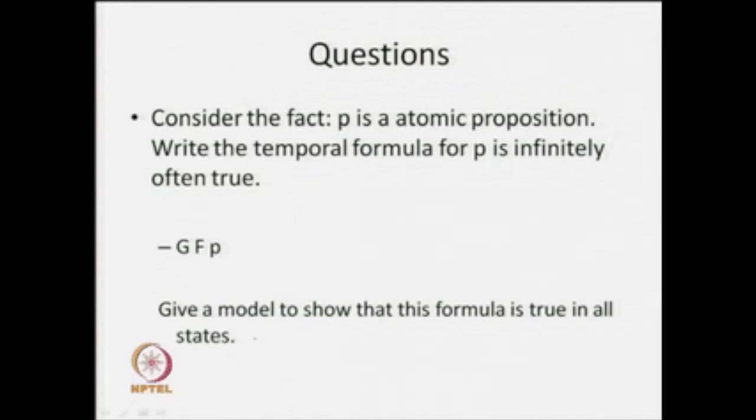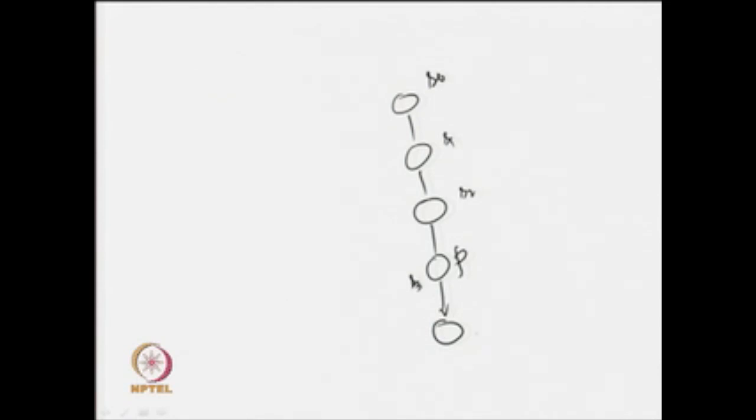You can construct it, because if you know the behavior. I am just going to give one example. Say I am having a state machine something like that, and in this particular state P is true. Now, say these are the states S 0, S 1, S 2, S 3, S 4. I am coming up with a very small model.